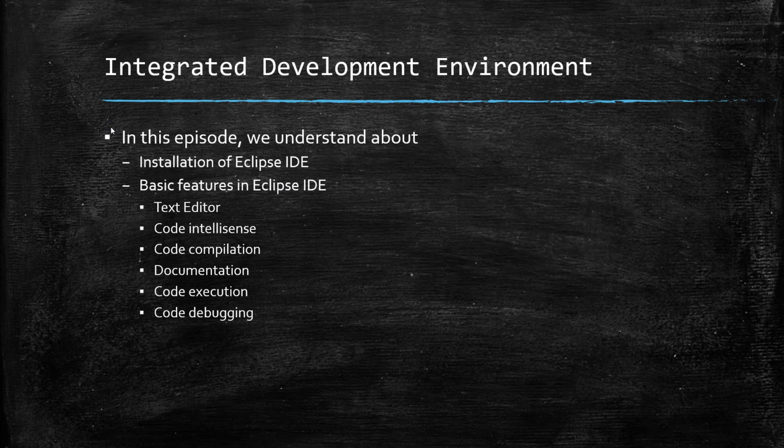So in this episode, we understood how to download and install Eclipse IDE on our machines, and the basic features that are available inside Eclipse IDE, like the text editor, which enables us to write the code, and Code IntelliSense, which enables developers to auto-populate the code and suggests which APIs and methods are available, so that using those auto suggestions we can complete the code.